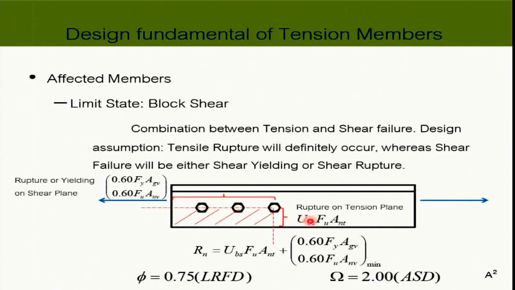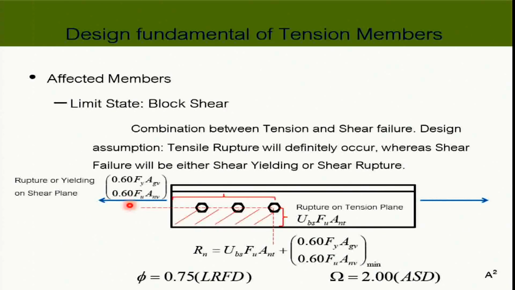We may talk about this UBS later on, but you can keep in mind that for the general member under tension, UBS is equal to 1. Okay? And now coming to this shear side, they say either of these failure can occur. The first is the shear rupture, and the shear strength is generally 0.6 FU.